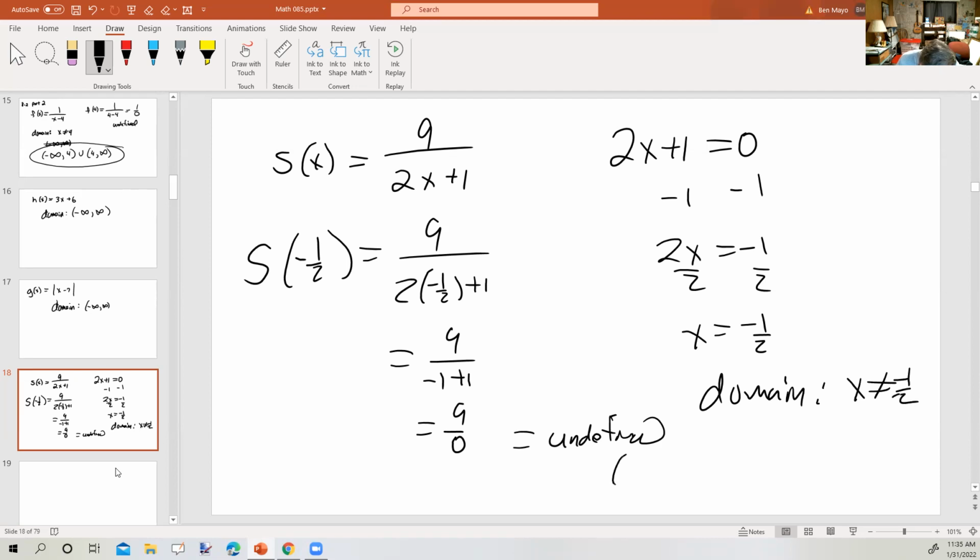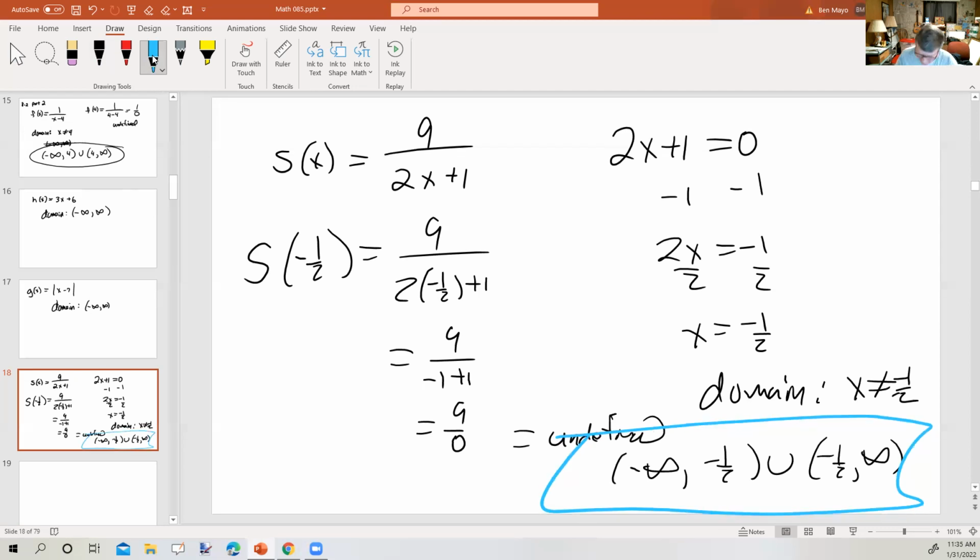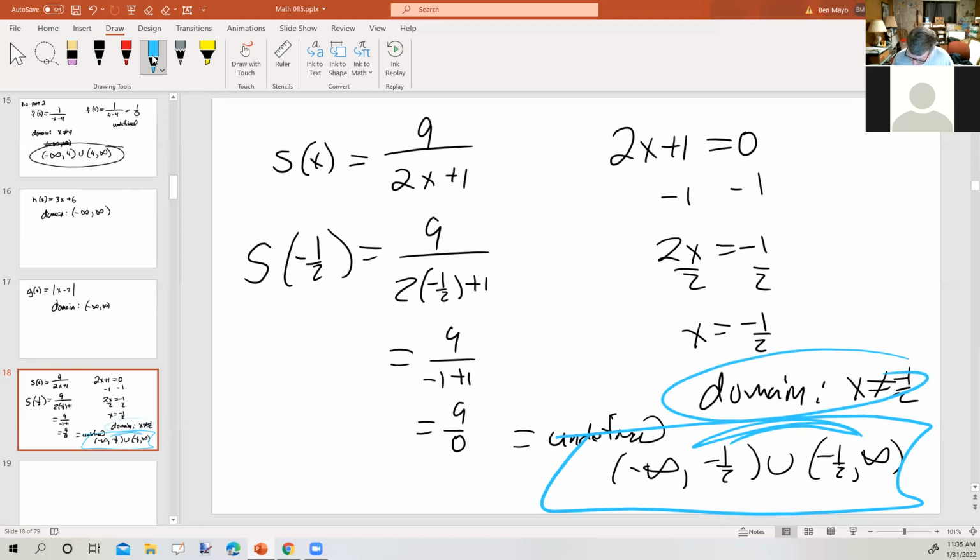How would I write that in interval notation? Like that. Can you write either one of those, or do you have to write both of those?